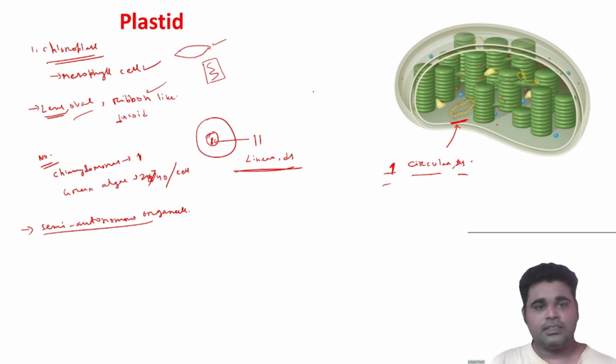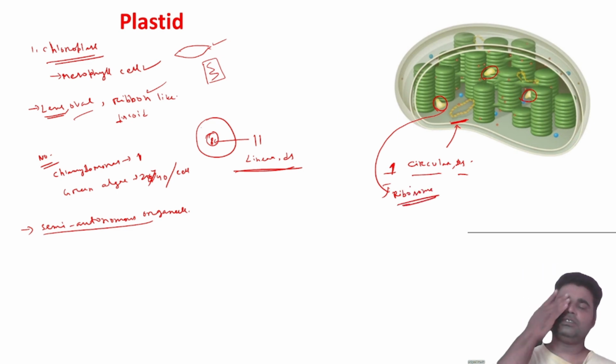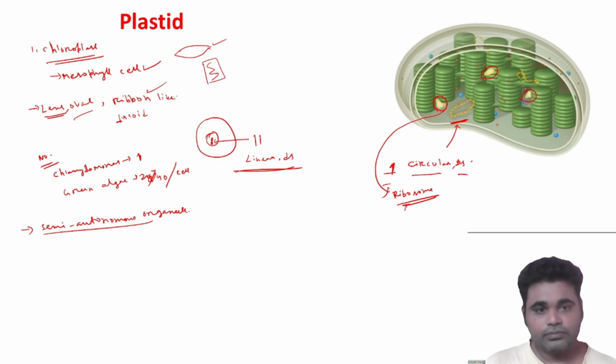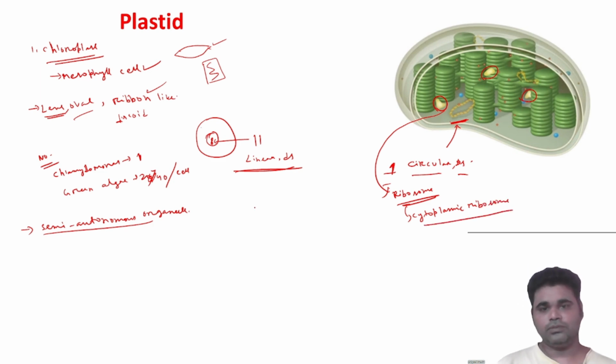Beside that, this structure is present, and this structure is called the ribosome, and this ribosome is called the cytoplasmic ribosome. So what is the cytoplasmic ribosome? Look at the structure. Let's say this is the nucleus, and from the nucleus the ER is present.